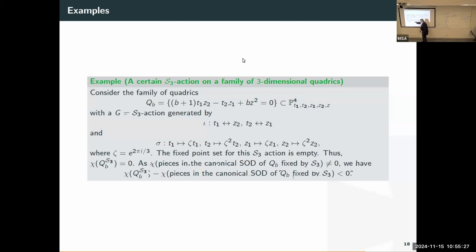So if you compute this number for this quadric and the S3 action, you get a number which is non-zero, and that is certainly an obstruction to S3-rationality of this two-dimensional quadric. It's a very classical question posed by Mironov and Dolgachev a long time ago.